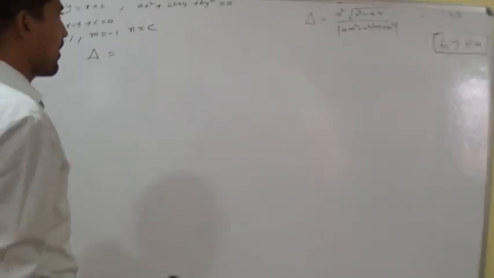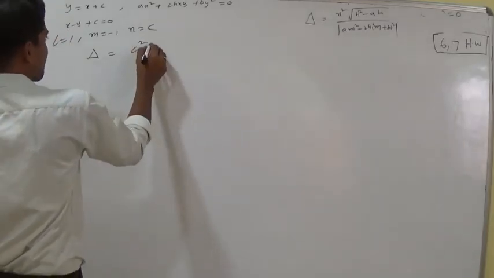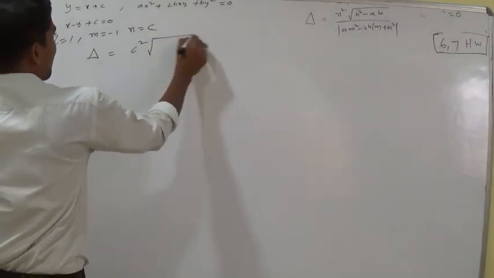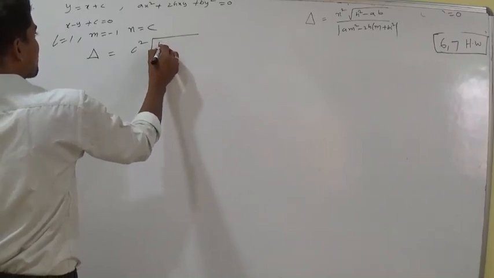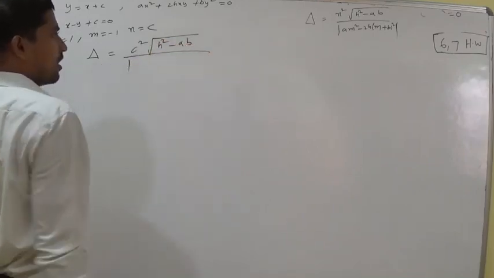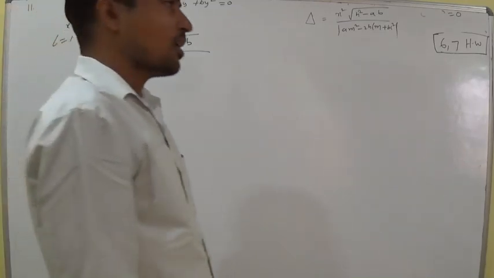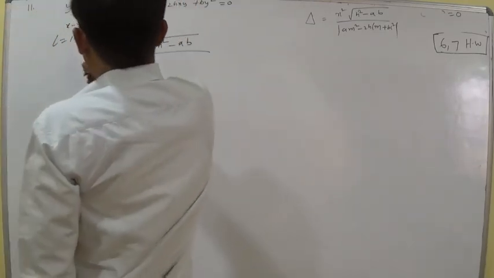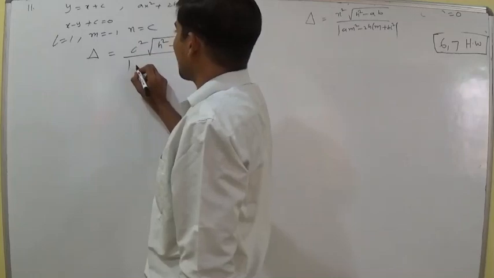So n square means c square, h square minus ab, h square means h square minus ab, by modulus of am square. am square means a times minus 1 whole square.